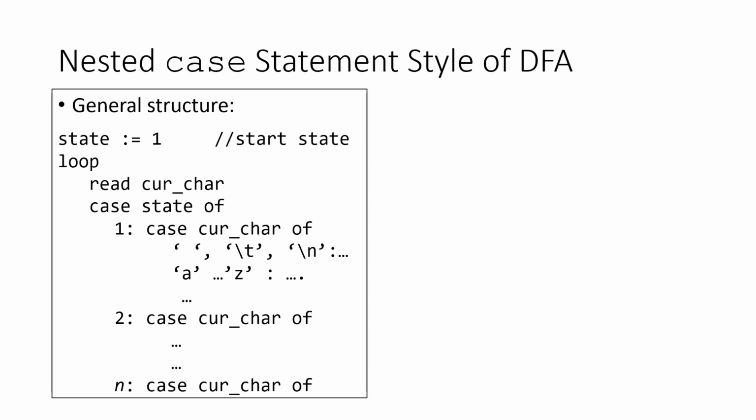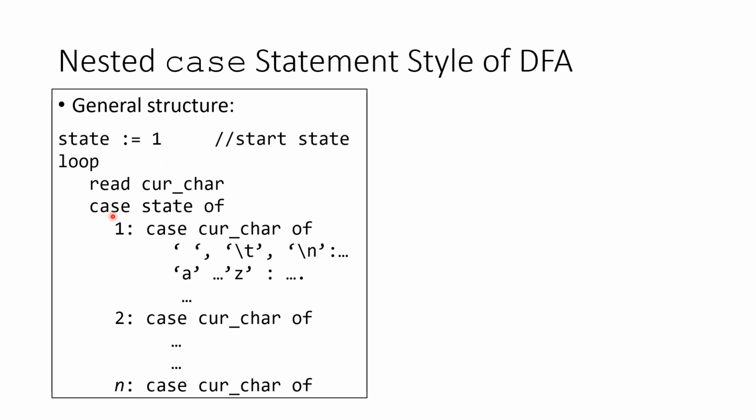The nested case statement style of automaton has the following general structure. It starts with setting the state to be the start state of the DFA. So in this case, we just assume the start state to be state number 1.